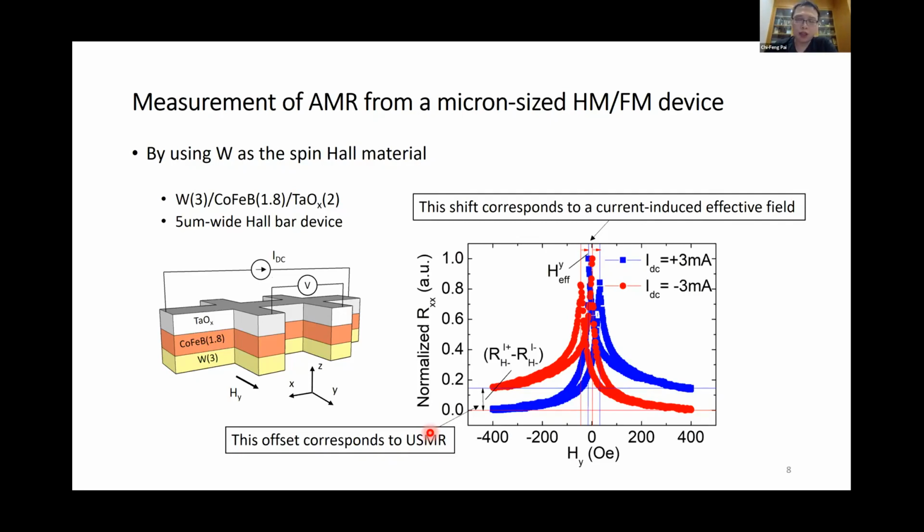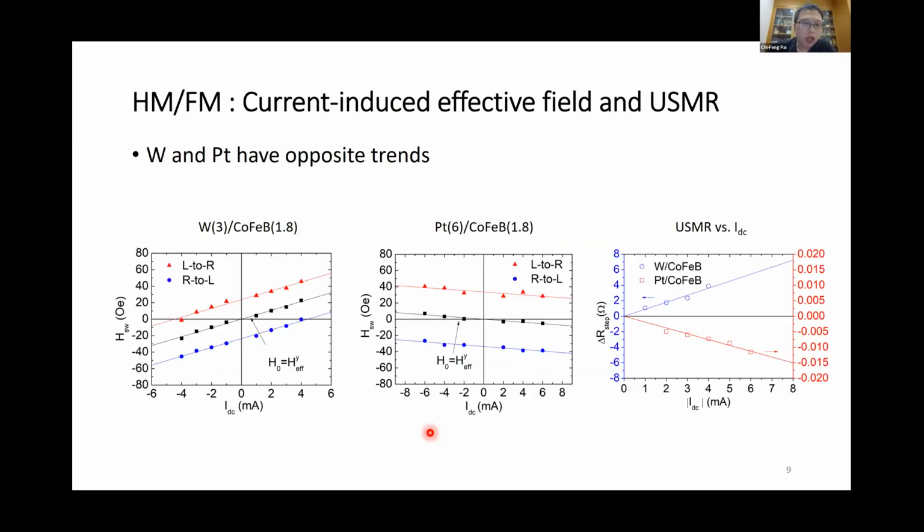which is the same as reported by Dr. Avci. So we summarize this linear trend over here. You see that for the tungsten case, when you apply the current and you record the center of the AMR loop, this shift is linear, and the slope is positive. And for the platinum case, if we replace the heavy metal with platinum, we do see that the slope has become negative.